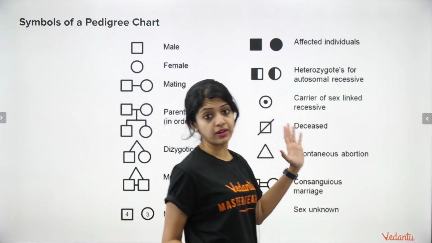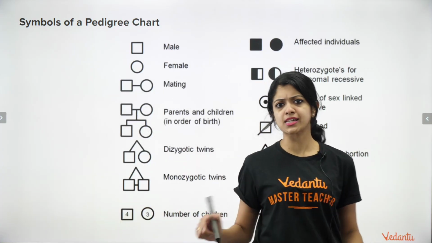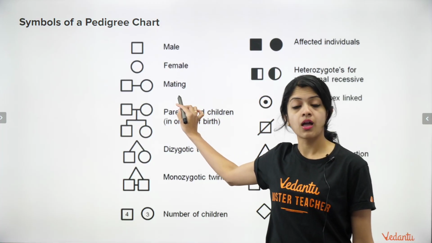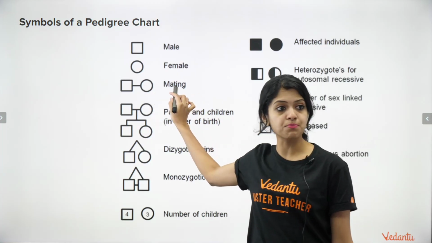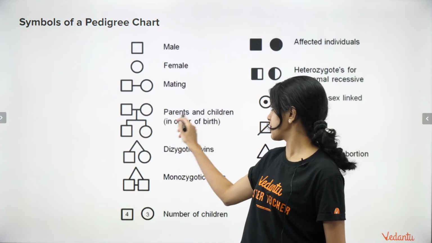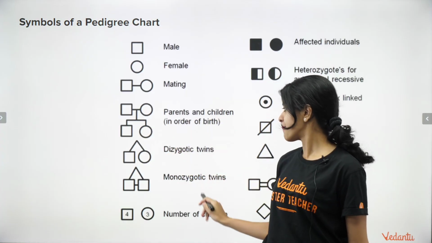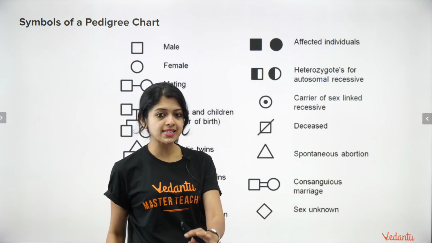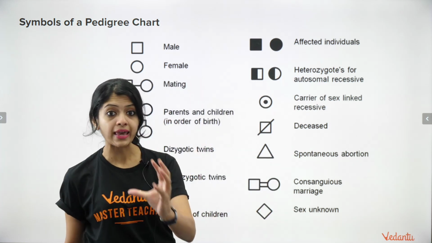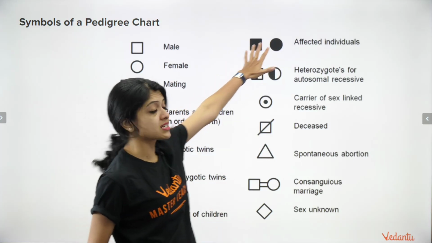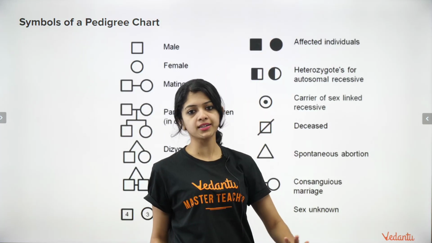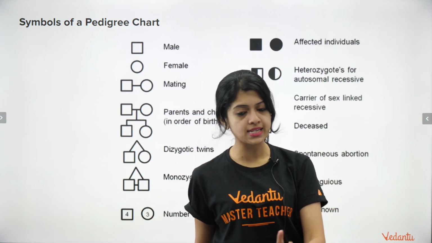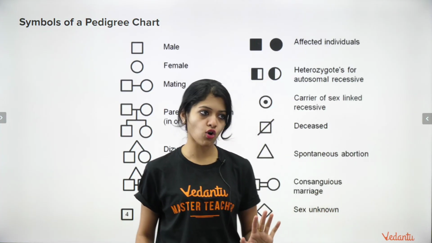You don't need to know everything in detail, but you must know at least the basic ones, like what is male, what is female, what does a mating line indicate. It indicates mating. And then the children, the progeny, parents and children in order of birth. Twins and all of that is not very important as far as 10th standard level is concerned. I'm just telling you the main symbols that you must know. Affected individuals would be completely shaded. Carrier individuals may be half shaded in certain cases. They may be completely unshaded also.